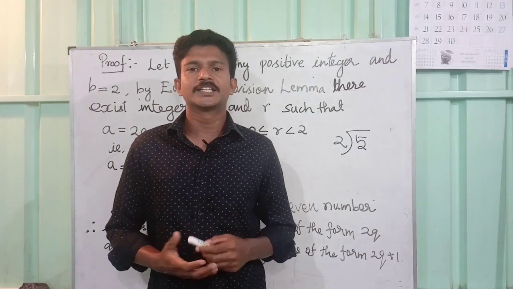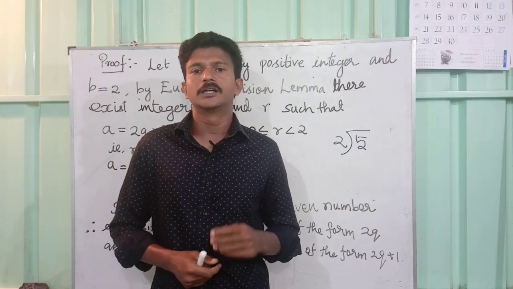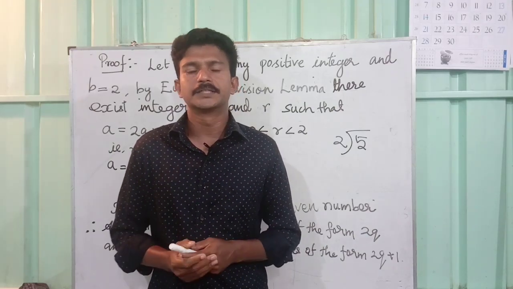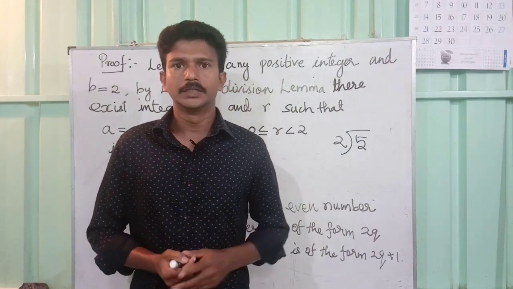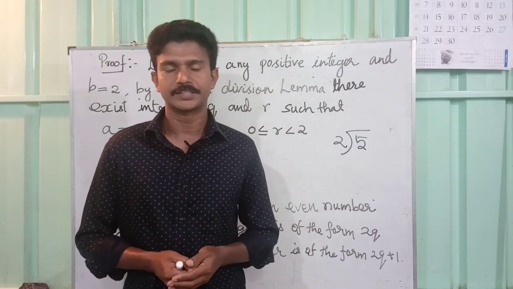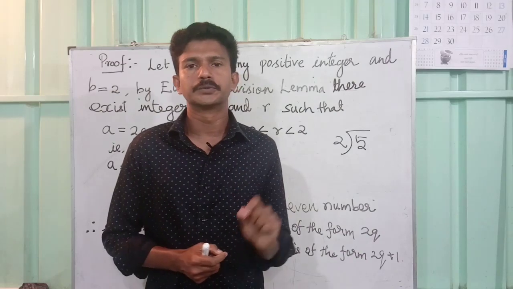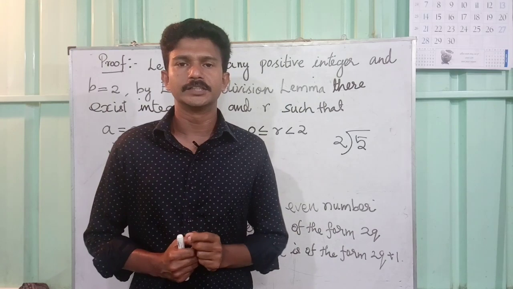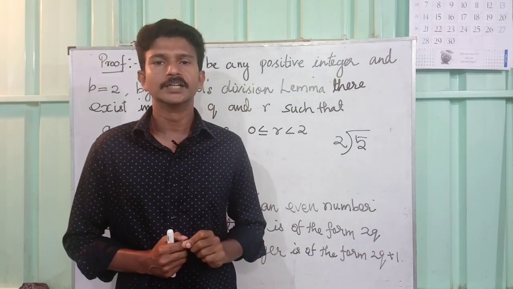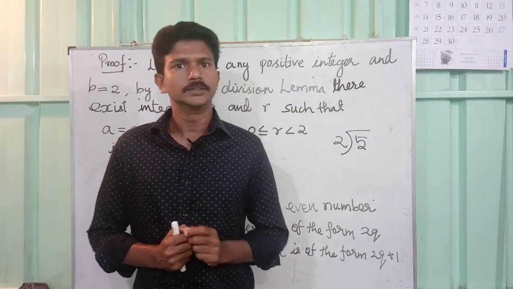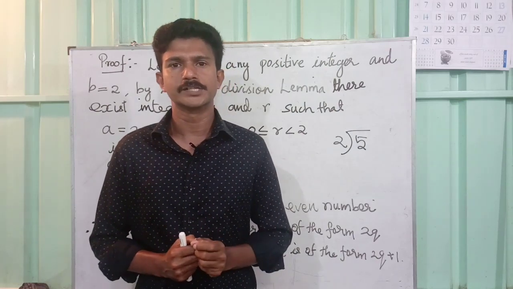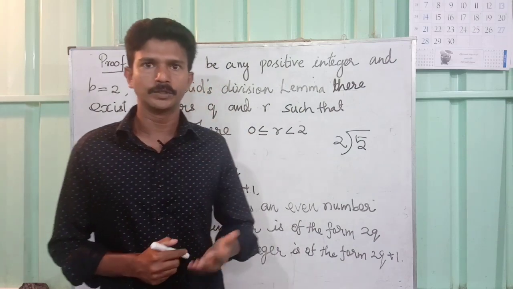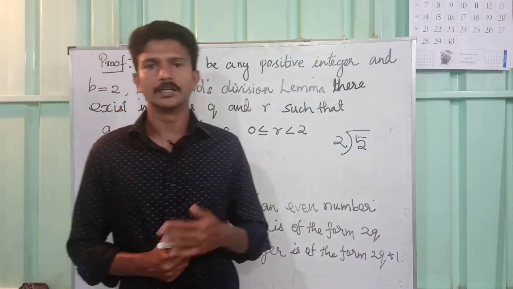So let us see the answer of this question. What is given? We have to show or prove what we have understood in the earlier session. So we should prove that every positive even integer can be written in the form 2q, and every positive odd integer can be written in the form of 2q plus 1, right? This we are proving using Euclid's division lemma.